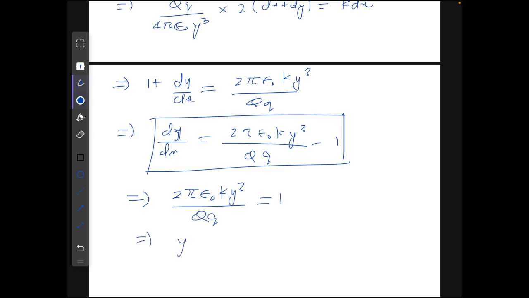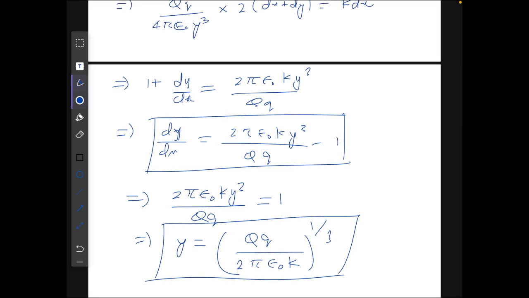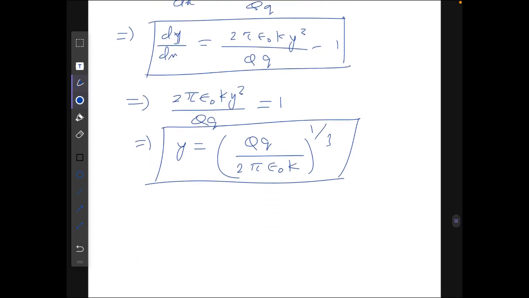So from here y equals (q small q over 2 pi epsilon naught k) to the power 1 by 3. This is the distance between the blocks, after which on displacing the negative block by a very small distance they will collide. So the elongation at which they will collide is x plus y, where x at that moment will be q small q over 4 pi epsilon naught k times y squared, plus y.